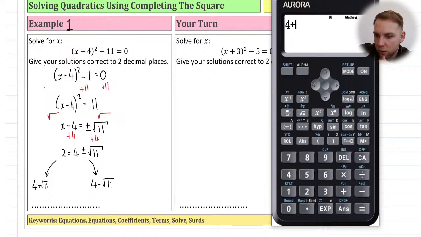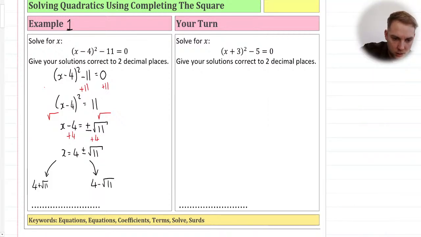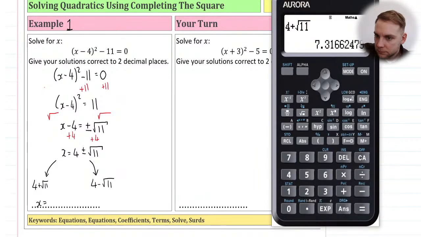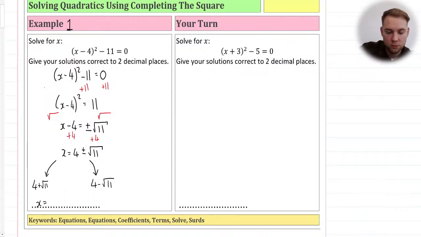4 plus root 11 is equal to 7.3. So we've got one solution, and we wanted it to 2 decimal places, didn't we? x is equal to 7.32.